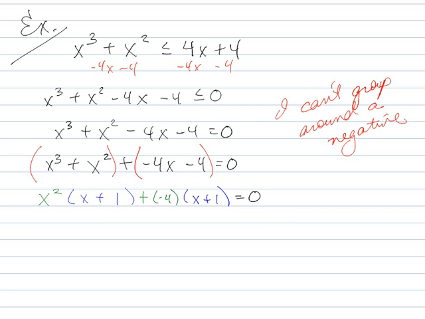So remember how this works? I have x squared of something, and then -4 of something. That means I have x squared minus 4 of something.